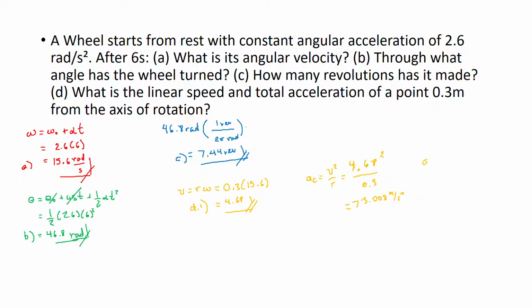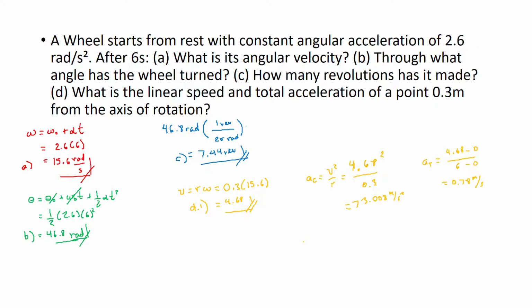I know how to get the tangential acceleration. For that, I know the final speed. That's 4.68. I know the initial one is 0. I know the final time, it's 6 seconds minus 0. So from there, I'm just going to get 0.78 meters per second squared.